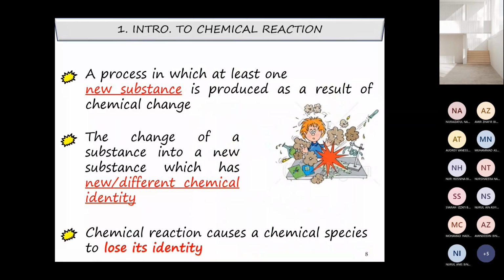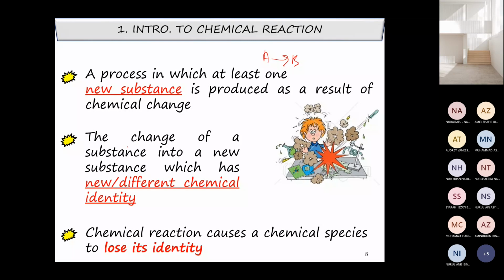Alright, a chemical reaction is a process in which at least one new substance is produced as a result of a chemical change. How the chemical is being changed, we learn after this. At least one new substance means that at least there is A equals B, let's say like that. It could be more than one reactant also.